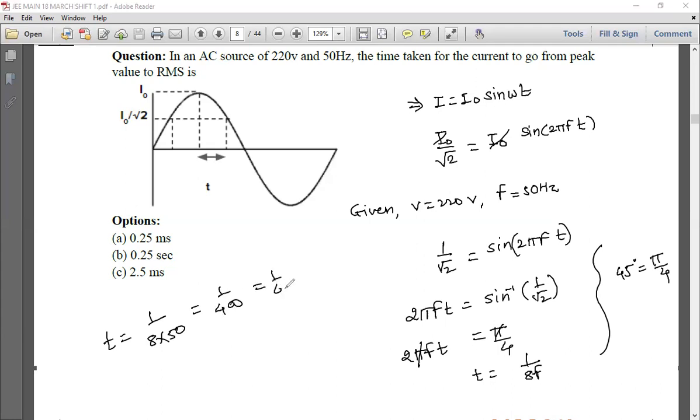This is 1 by 4 into 10 to the power 2, so 1 by 4 into 10 to the power minus 2, which is 0.25 into 10 to the power minus 2. So this is 2.5 into 10 to the power minus 3 second. Millisecond is how much? 2.5 millisecond. So your option is C. Okay? Yes. Note down.